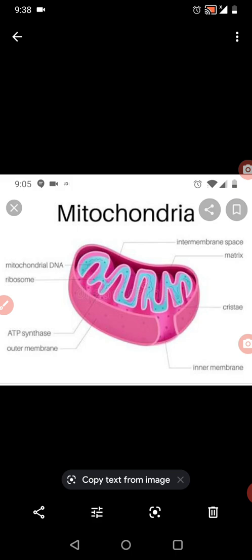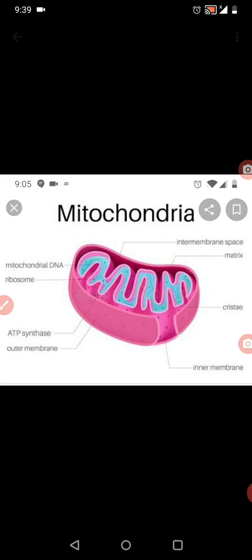These ATP molecules are utilized by the cell for energy, because cells also need energy to perform various functions like mechanical work and chemical work. So here we can say mitochondria work as a battery. It gives energy to the cell in the form of ATP. And children, we call these ATP molecules the cell currency.